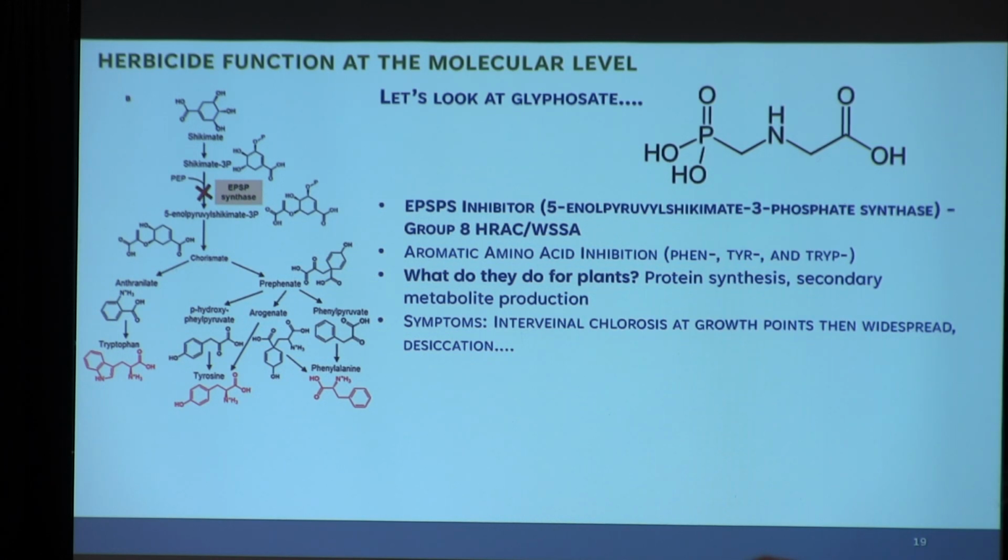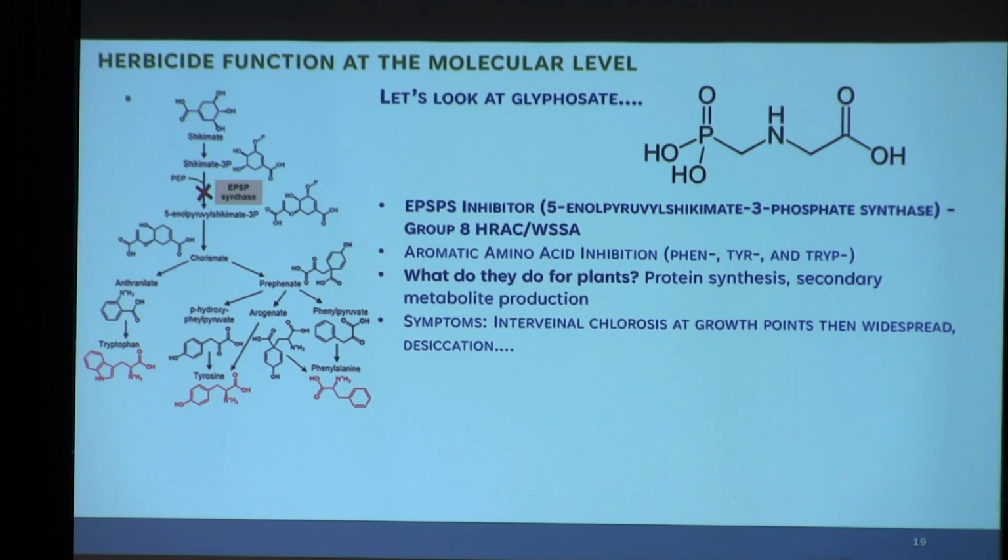All right, finally, we'll look at glyphosate. Glyphosate is kind of interesting. Glyphosate is an EPSPS inhibitor, 5-enolpyruvylshikimate-3-phosphate synthase. Nailed it. What the hell is that? Well, it prevents the formation of aromatic amino acids. What do aromatic amino acids do in plants? They do a whole bunch of things, primarily protein synthesis, secondary metabolite formation, right?